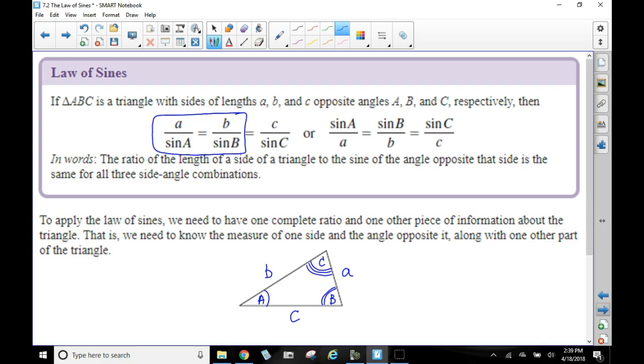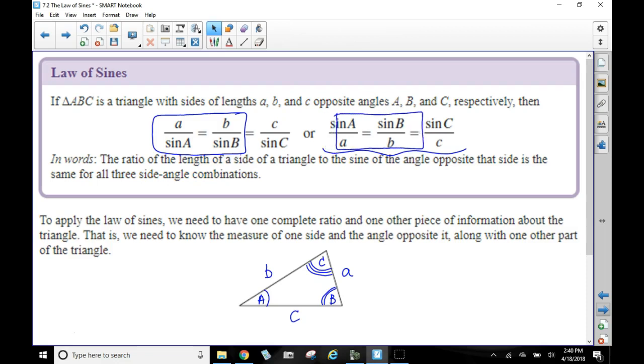So to set up our proportion and enable us to solve the missing parts, I like to do it like this. The sine of angle A is to side A as the sine of angle B is to side B. So you might use that proportion.